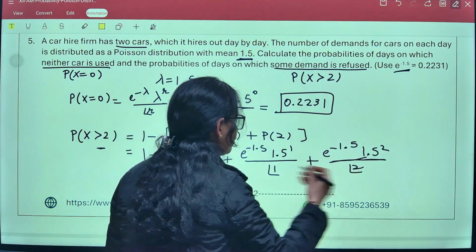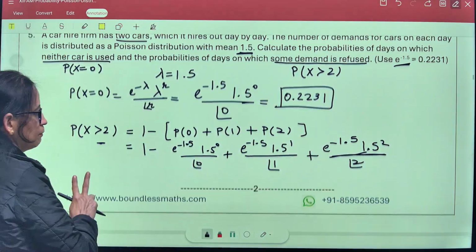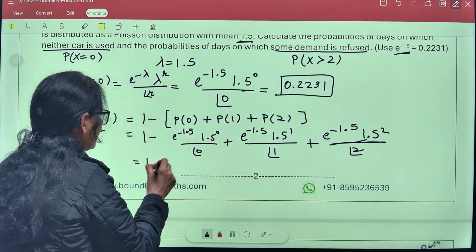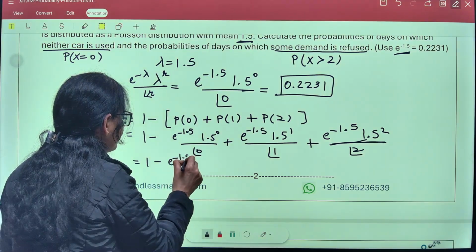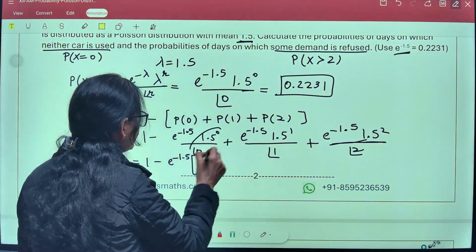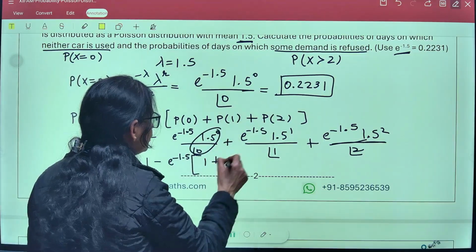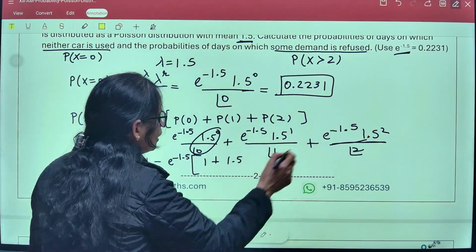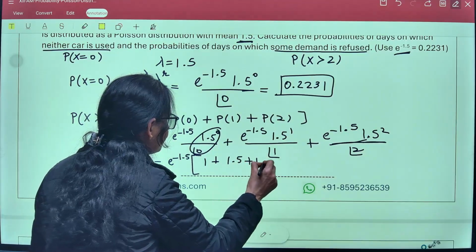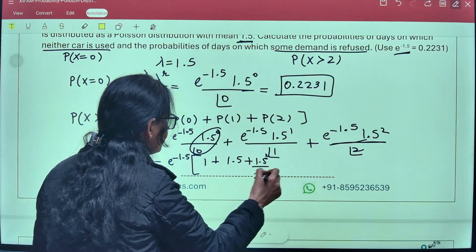Now you must be wondering how to solve this. This looks very cryptic. No, it's very easy. Take e raised to power minus 1.5 common out. What is left out is just 1 here, here you have 1.5 and here you have 1.5 square upon 2.